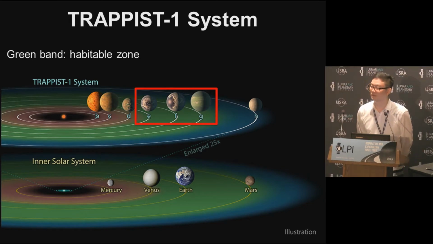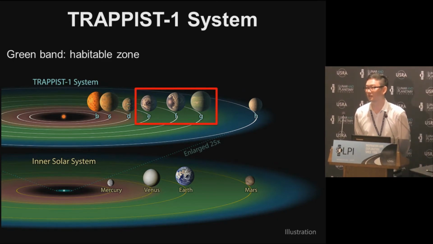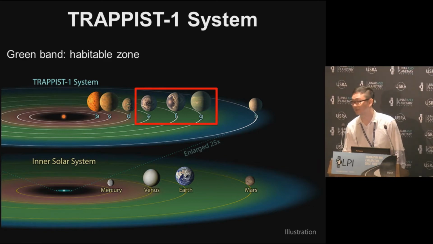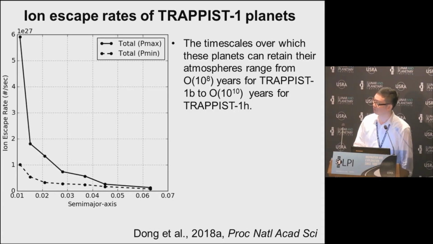Hi, great talk. How does the ion escape change as a function of where you are, on the outside or the inside of the Alfvén radius, especially for Proxima b? You say inside or outside the Alfvén surface? Yes. For Proxima b, at least from my simulation, all of them are outside the Alfvén surface.